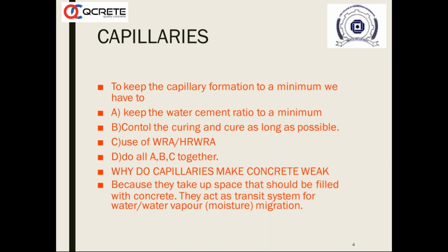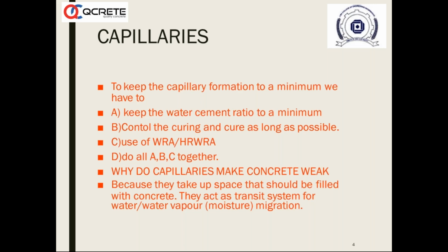Use of WRA or HRWRA means you have to use a chemical admixture. Suddenly you cannot decrease the water content from one mix to another. You need to use a chemical admixture to reduce the water content. So to make a durable concrete, with fewer capillaries, you need all the things together. You have to do A, B, C.